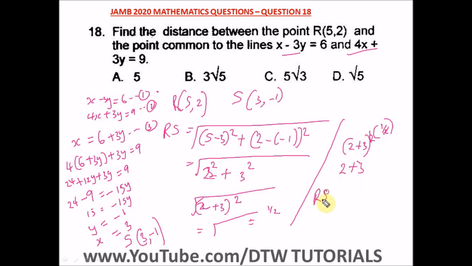So our RS is equals to 5. So this is our answer. So that's for number 18. So I leave it there for a while we look at it.